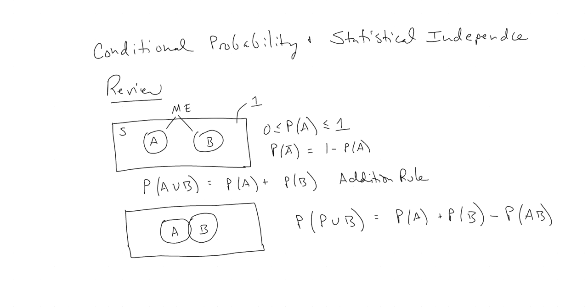So then we get, which I'll color as this outline here, this 2-dimensional shape that looks like this. That represents A or B, but doesn't double count that little overlap there. So this is the general addition rule.